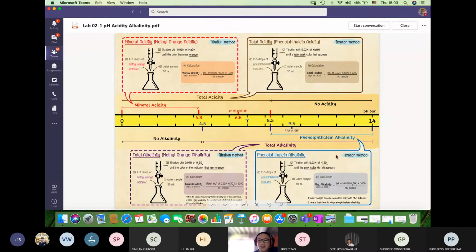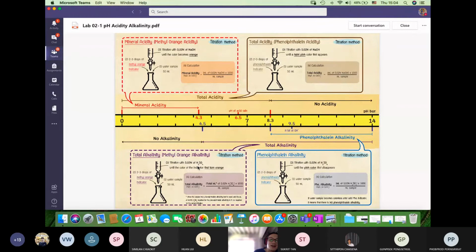For alkalinity, it is also the same, but just opposite to acidity. If you want to find the total alkalinity, you have to titrate against acid. To find a base, you titrate with acid, and to find an acid, you titrate with base.